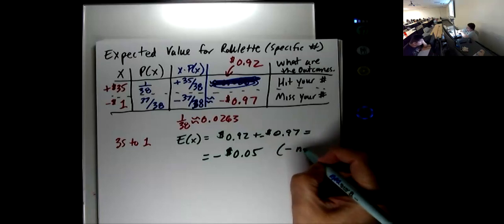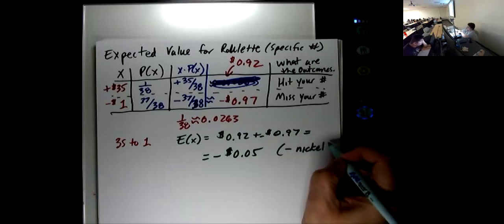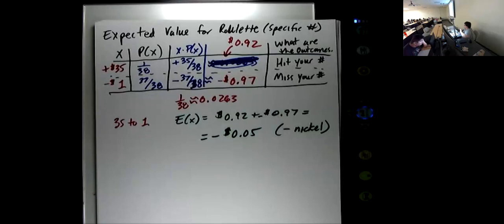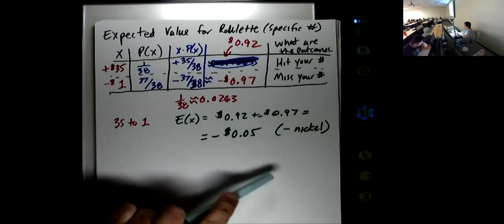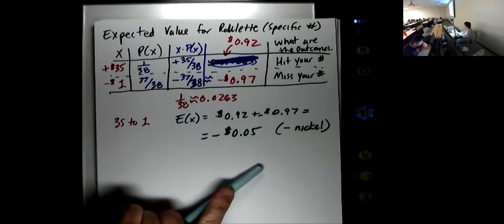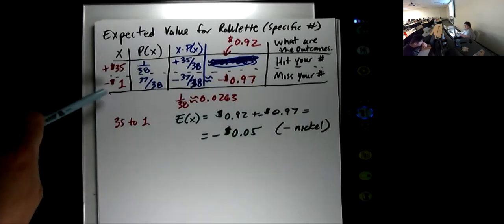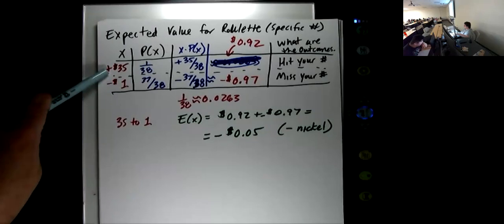Negative a nickel. Notice I can't lose a nickel on any specific bet. I can either lose $1 or I can win $35.